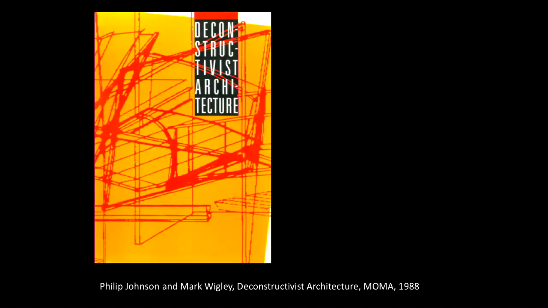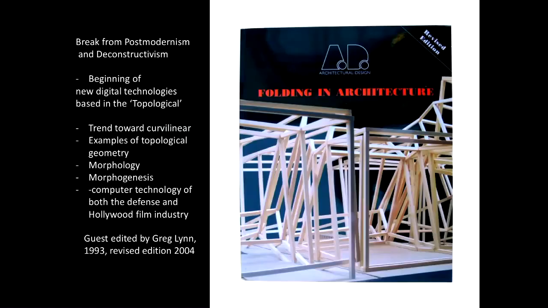But back to folding in architecture. So it was, again, getting away from Learning from Las Vegas, postmodernism, and this short-lived deconstructivist moment in architecture. This is what the purpose of this issue served. It showed this trend toward the curvilinear, with examples of topological geometry, morphology, morphosis.